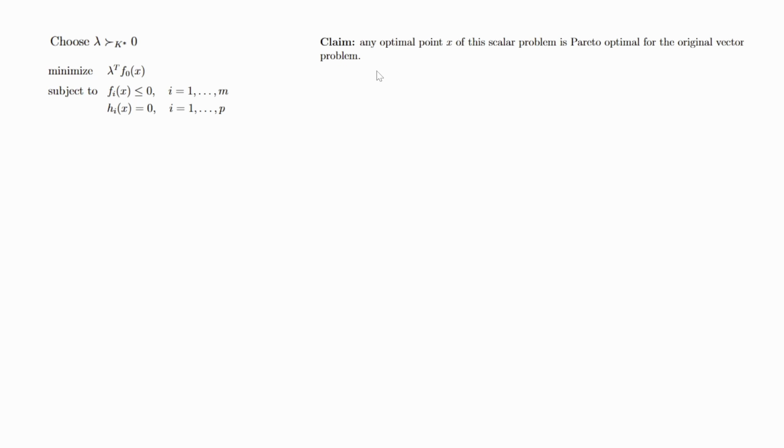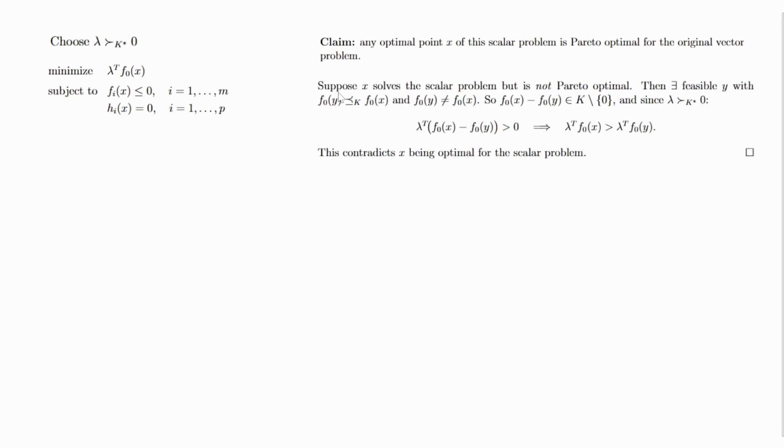Now, this is a huge result, but let's see why it's true. And actually, the proof is short, so I'll walk you through it. Okay, so what you do is you do proof by contradiction. You first suppose that x solves the scalar problem here, but is not Pareto optimal. That means that there exists a feasible y such that f0(y) is less than or equal to f0(x) with respect to K, and f0(y) is not equal to f0(x).